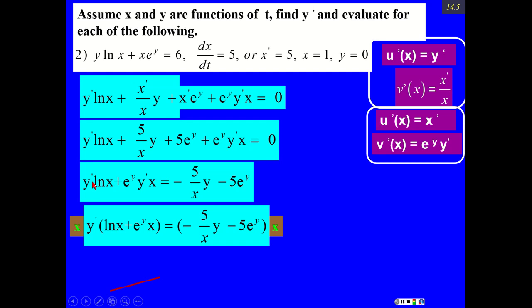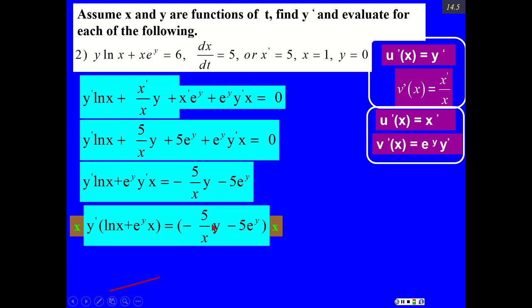Remember, I factor the y prime from the first term first, and now I'm going to get rid of this x by multiplying both sides by the x. Then, from here, I don't need to multiply this x inside the parentheses. I can leave it outside, but this x, I have to multiply to both sides.